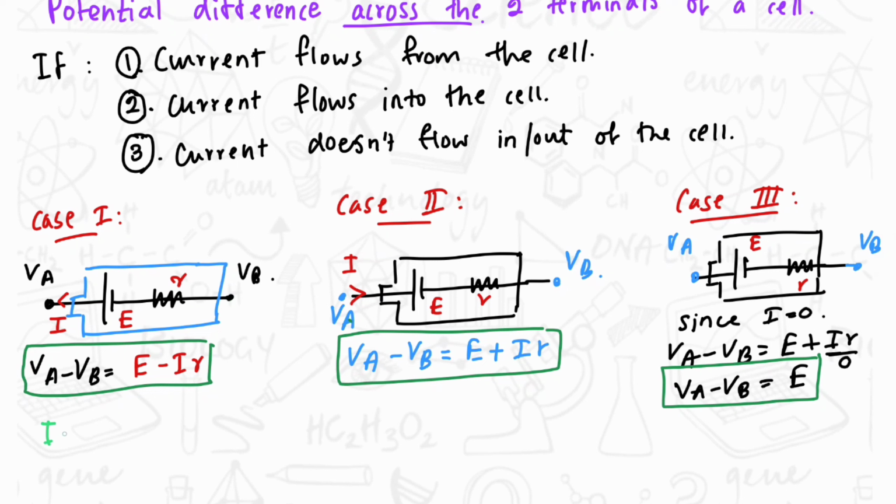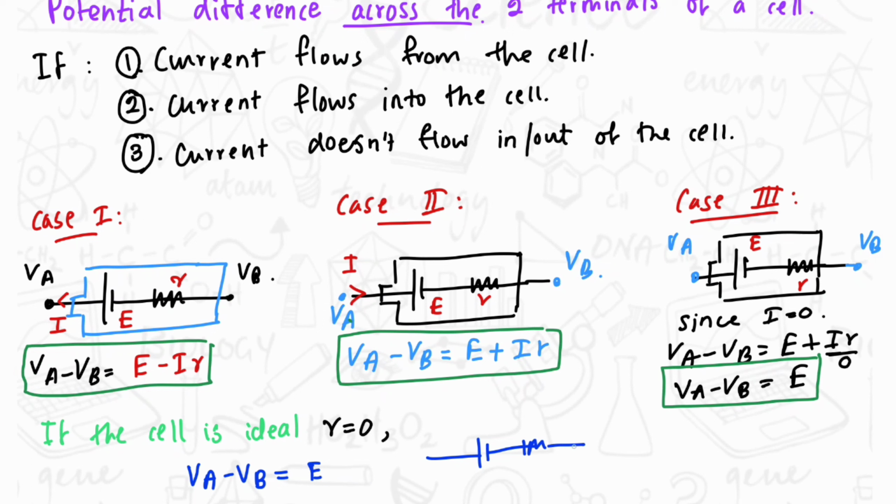Now also note that if the cell is ideal, there is no internal resistance, that is R is equal to 0. Therefore, in that case also, VA minus VB will be equal to E, because if R is equal to 0, and now let's say V is the difference in potential between the two terminals of the cell, in this case also this IR product will be 0.